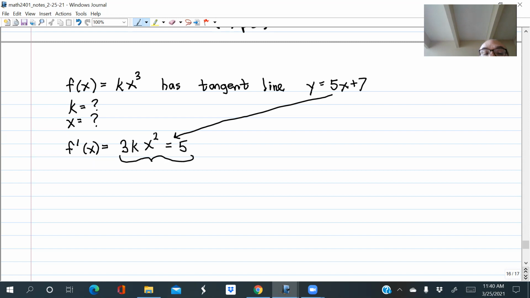However, the problem with this equation is that it's got two variables in it. So it's not just 3 times k is equal to 5. That would be easy to solve. Or it's not just 3 times x squared is equal to 5. That would also be a little bit harder, but still easy to solve. This equation has two variables in it, and you're usually not going to be able to uniquely solve for either of the variables when one equation has two unknowns in it.